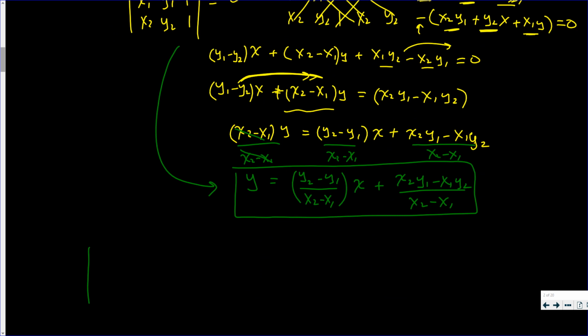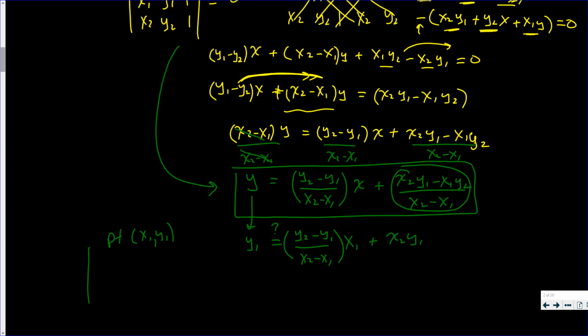Now, we need to verify that that really is the y-intercept. Well, we have the point x1, y1. So that's y1. And the question is, does it equal this slope times x1 plus this mess, x2, y1 minus x1, y2, all over the common denominator, which is really good.